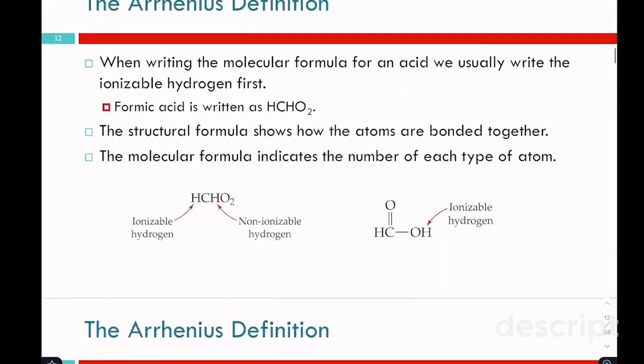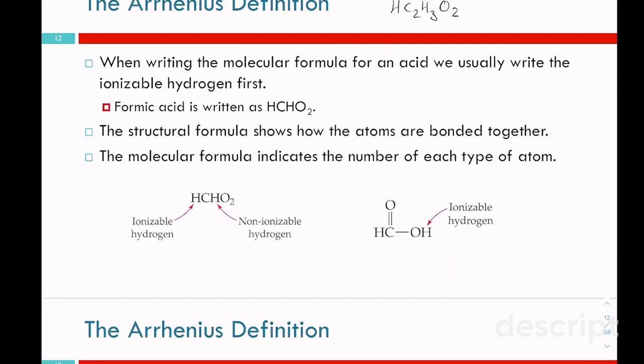So when writing the molecular formula for an acid, you usually write the ionizable hydrogen first. And this is something I don't know if we really talked about. The only acid I think that we've really used that does this would be acetic acid. So acetic acid, right? There's more than one hydrogen in the formula because that first hydrogen is the only ionizable hydrogen.